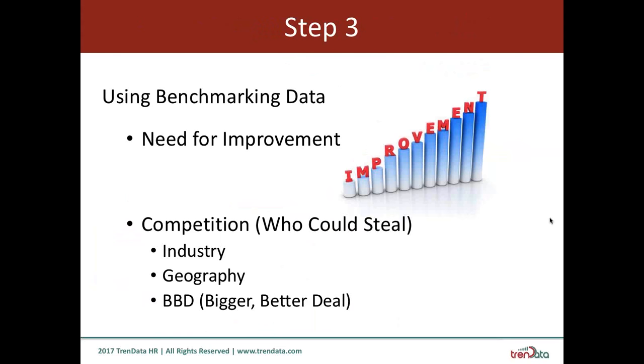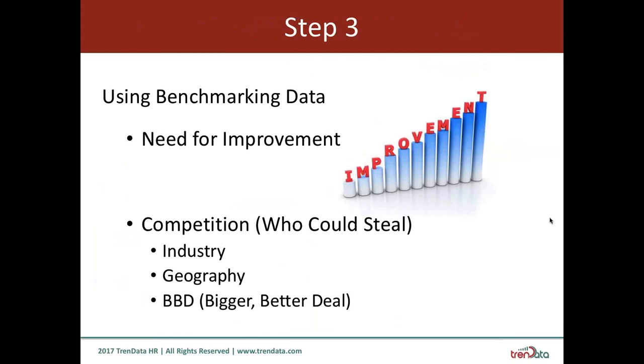I'd say it's probably a little broader right now, so it could be people in your industry. You've got to keep an eye on them. Again, it could also be people in your geography. If you're a regional company, a regional trucking company, and you're trying to keep drivers, and there's another competitor down the road, they might be more of an incentive to steal your people than somebody global like DHL or Federal Express.